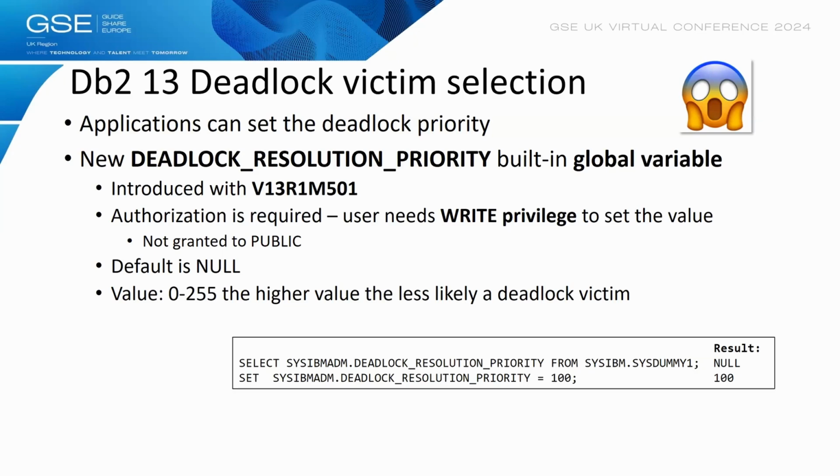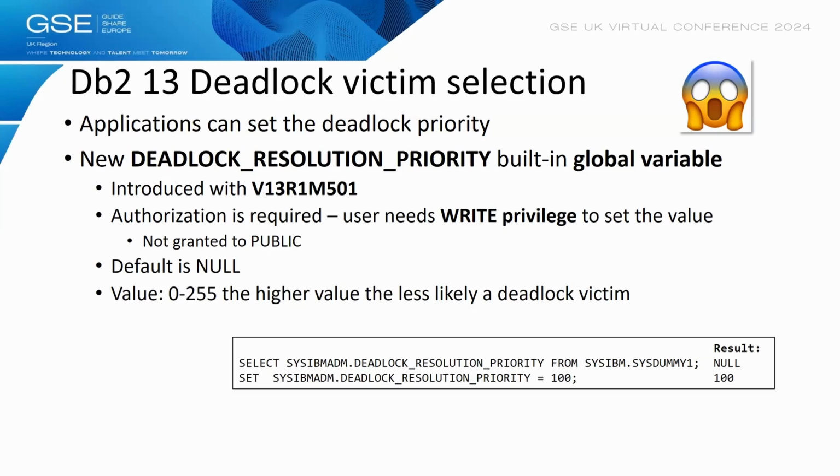The reason is that there is a new global variable, and global variables are also in the catalog. So there is this new built-in global variable, deadlock resolution priority, which you can use to influence if you will be selected as a deadlock victim. The beauty of this is that this is a global variable, which means that some authorization is required.